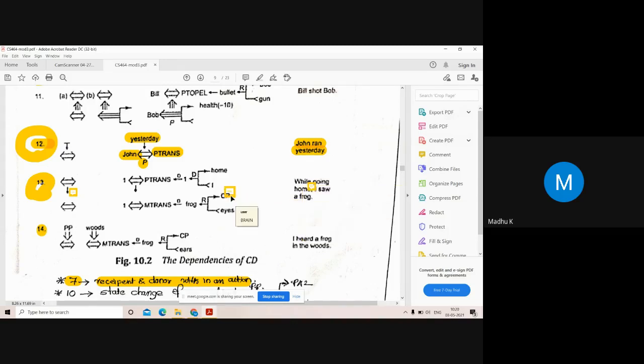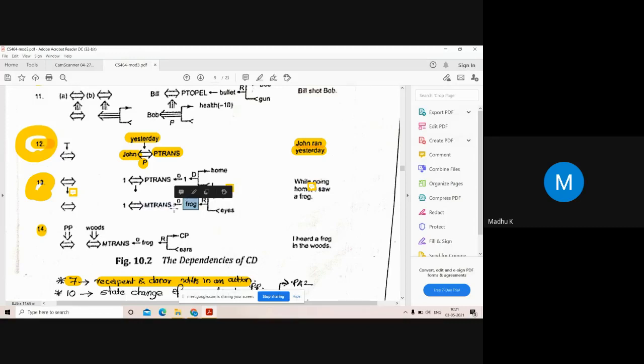So CP is actually used to represent brain here. And this is R, we are using R. Then the object is frog.